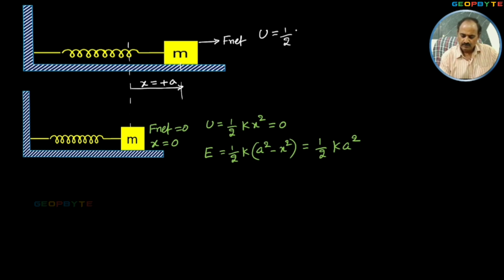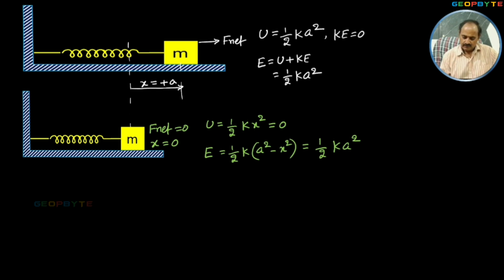Half into k into a square. Then kinetic energy equals 0. Then total energy equals the sum of the potential energy and kinetic energy, which is half into k a square.